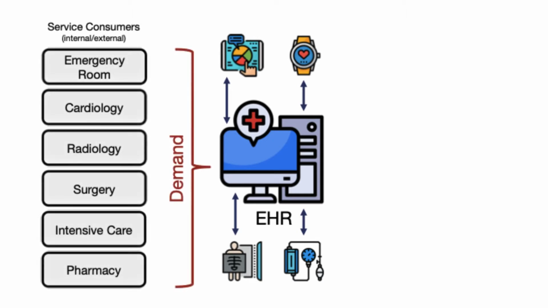An average hospital has many different departments or service consumers. A number of them are shown on the left side of your screen. They each use a variety of IT services, some dedicated to one specific department. Other IT services are shared by many different departments.